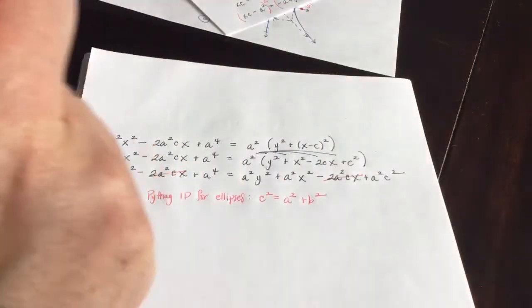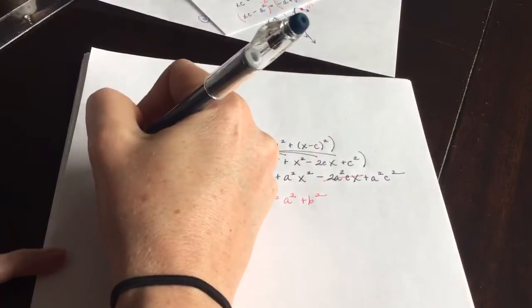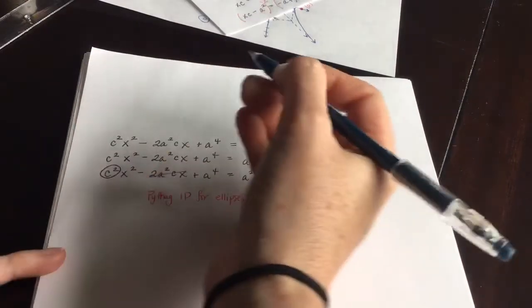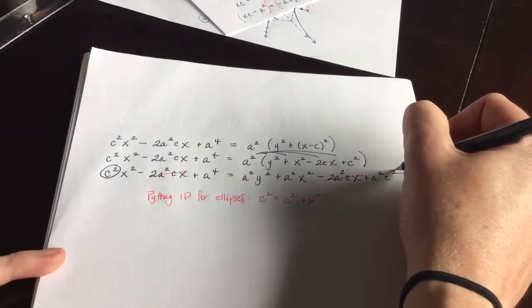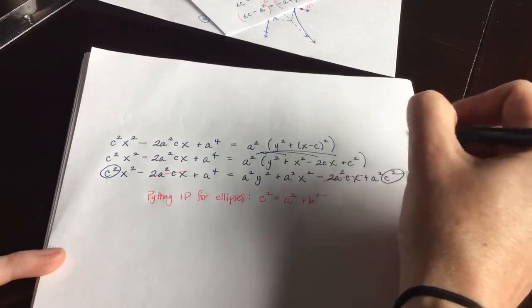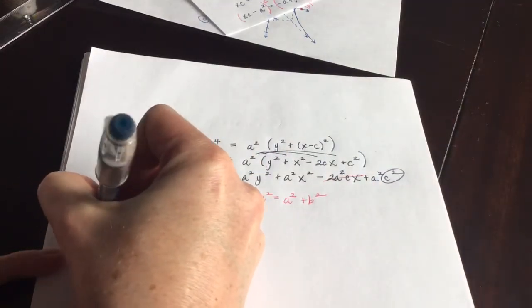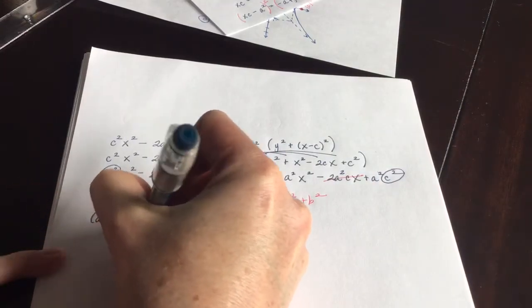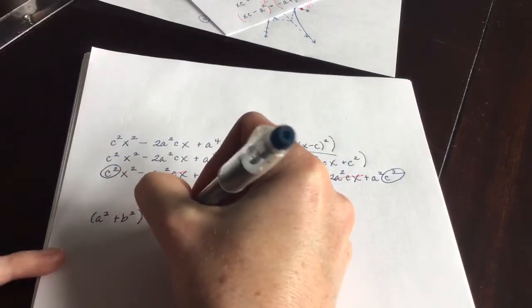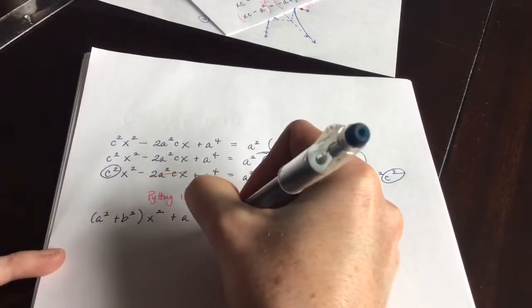Okay, so let's replace all the c squareds with a squared plus b squared, here and here. So we'd have a squared plus b squared times x squared plus a to the 4th.